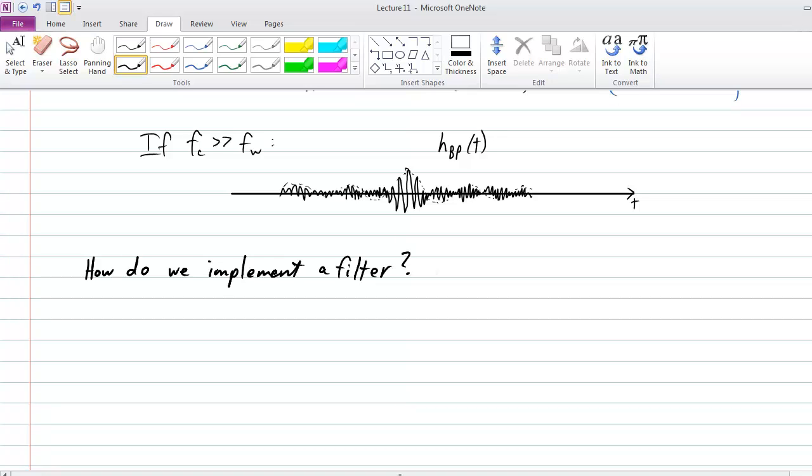So say we have some filter design we want. We want to boost the bass of some signal. We want to sharpen an image. Want to do something. We know what we want it to do in the frequency domain. How do we actually implement it?